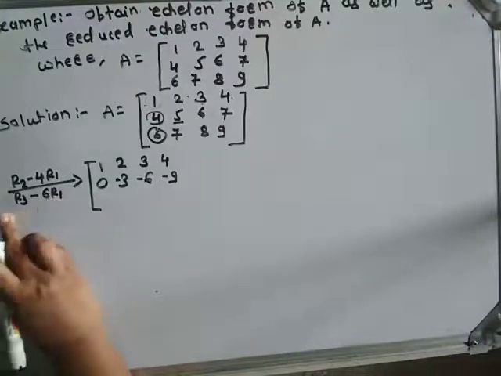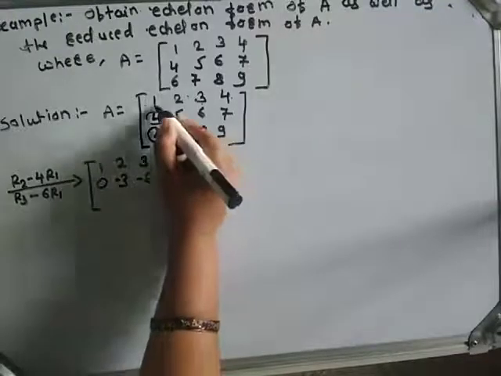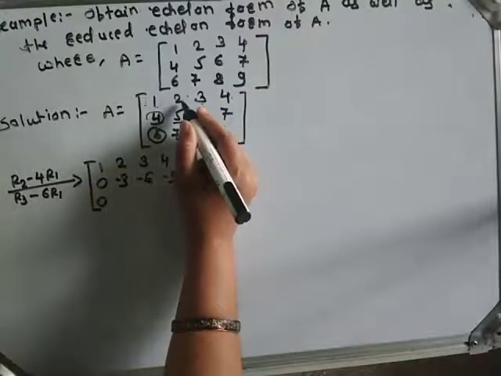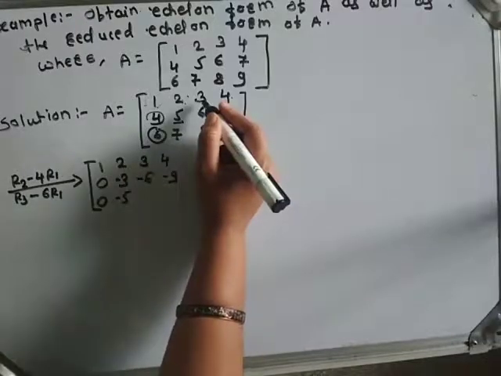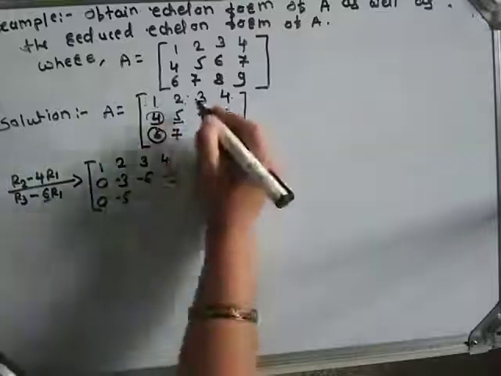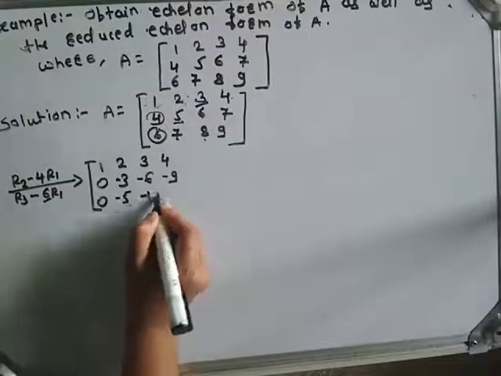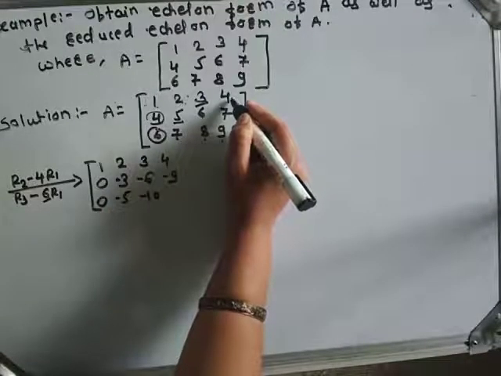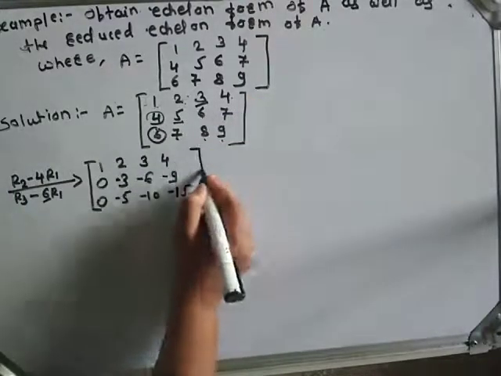Next operation is R3 minus 6R1 means 6 minus 6 0. 7 minus 12 minus 5. 8 minus 6 into 3 means 8 minus 18 minus 10. 9 minus 24 means minus 15.